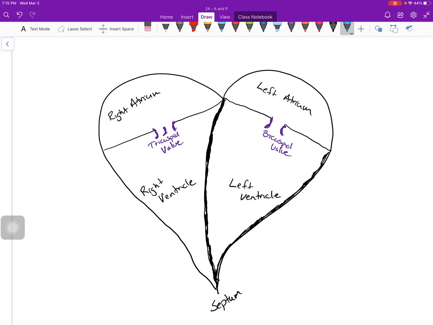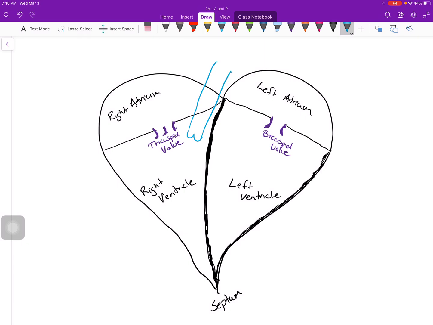So I'm going to draw that valve right about here, and notice that it's like 2 half moons. And then I'm going to extend that out because that goes to the lungs. So that is a semilunar valve, but it's known as the pulmonary semilunar valve. So that goes into the pulmonary trunk. So I'm just going to draw this pulmonary trunk out here just a little bit.